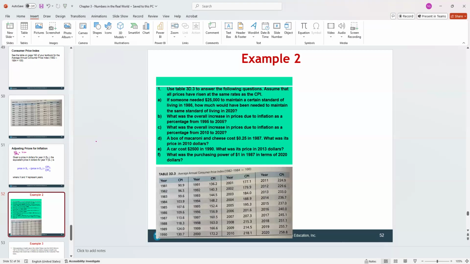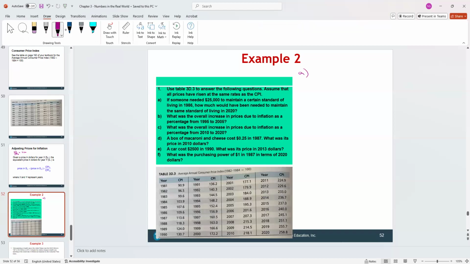So if we go with A, take the CPI of 2020. You need to go and identify the CPI for 2020. We are right there. You need to divide it with the CPI of 1986 right there. So we take the CPI of 2020, 258.8 over 109.6.